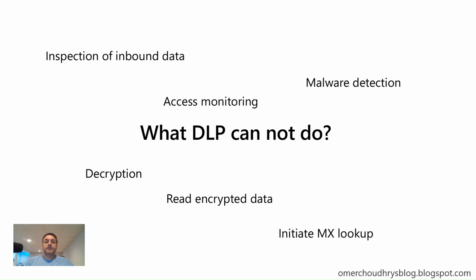Similarly, a DLP solution cannot initiate an MX lookup. In simple words, it is not able to send email outside the organization by searching for the recipient domain and initiating the whole process of SMTP communication.